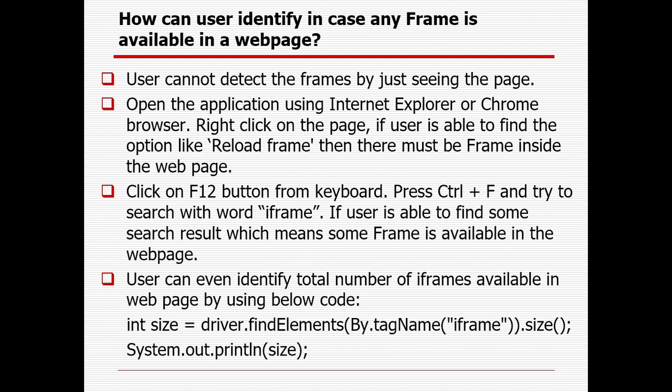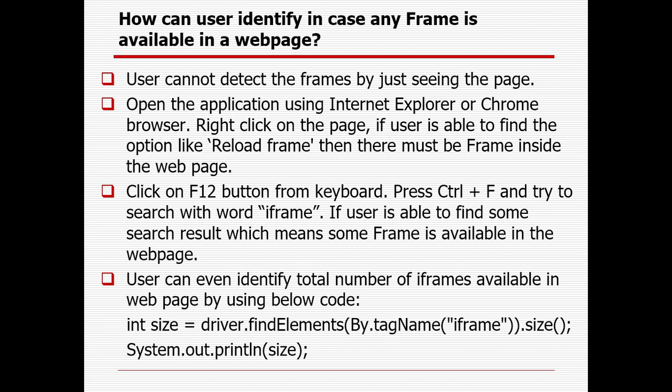You need to right click on that page, and there will be an option called reload frame. Otherwise you need to press the F12 button, just like for inspecting an element, and search for the word iframe. If it gives some results, then you can get to know that some frame is available in the page, and then you need to handle the frame first.